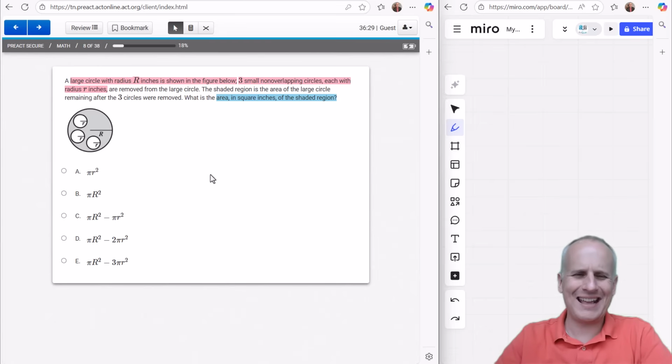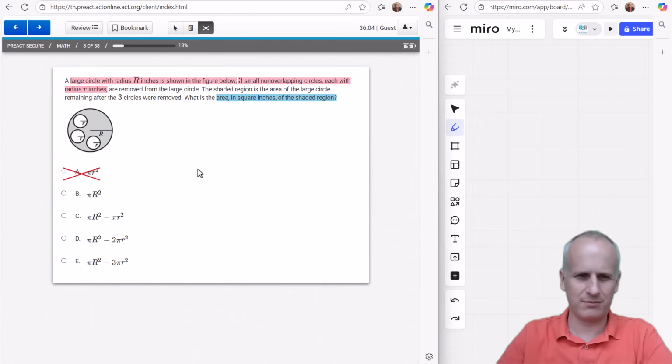So we know that any shaded area is just going to be the total minus the unshaded areas. So we're going to have to remember the formula pi r squared for the area of a circle. We know that the big letter R is going to be our total of the entire big circle, so we need that to be what we're subtracting from. So we can eliminate choice A as actually solving for the wrong circle area.